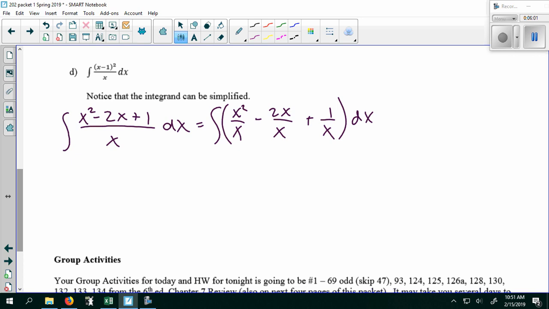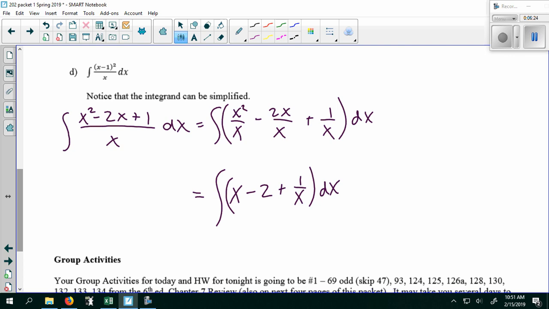Because now they all have the same denominator, so when you add fractions that have a common denominator, you would just add the numerators, and you'd get back to where we started. And then just simplify. So this becomes x minus 2 plus 1 over x dx, and now it's a straightforward integration.